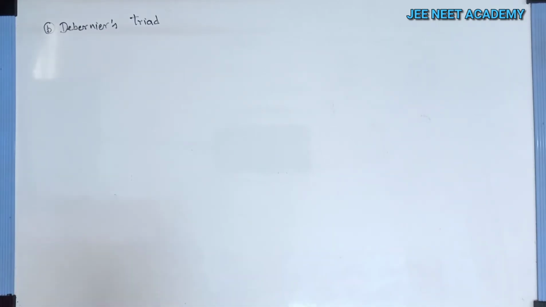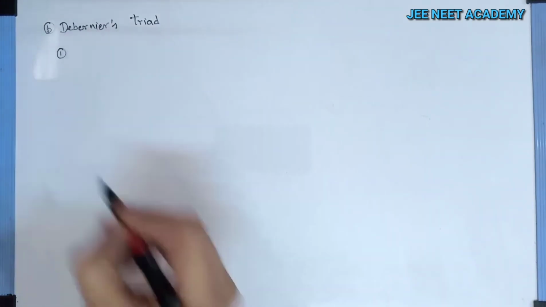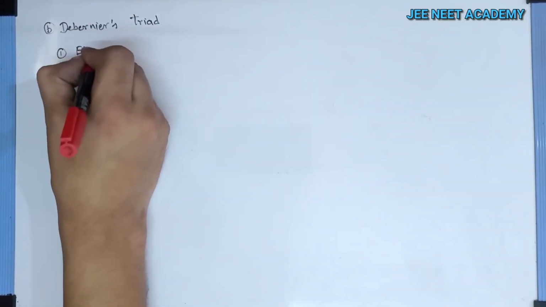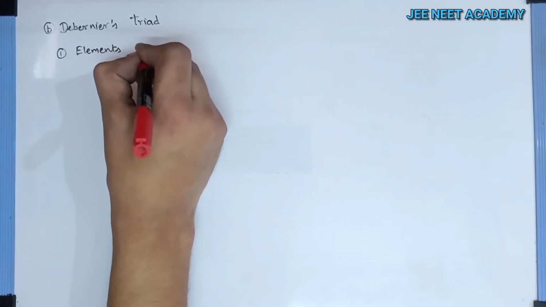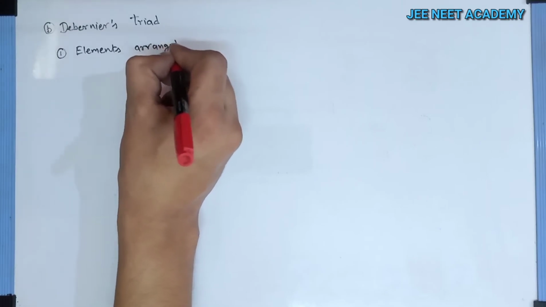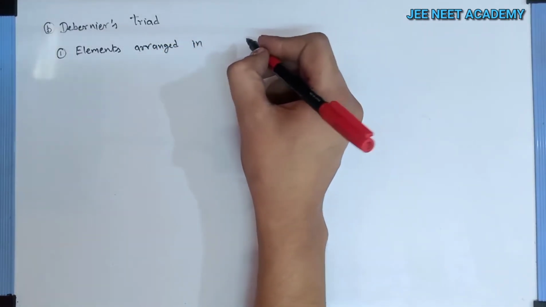So he was the first scientist who arranged elements in increasing order of atomic weight.